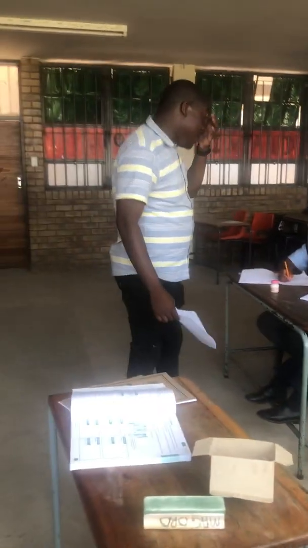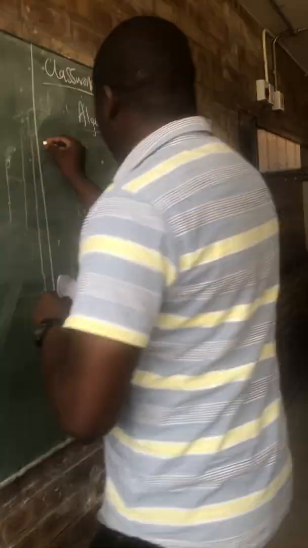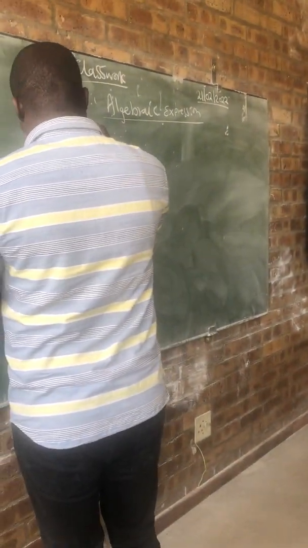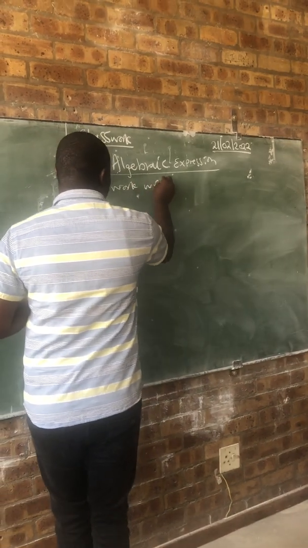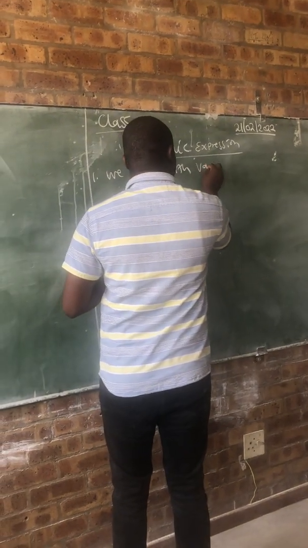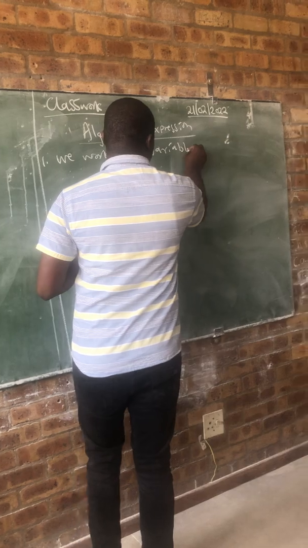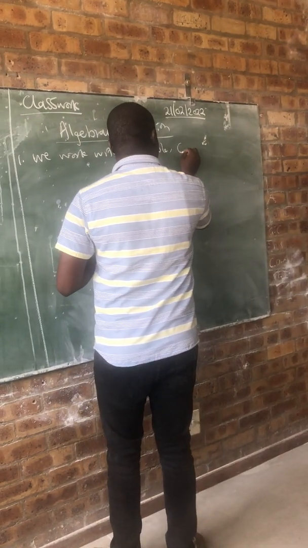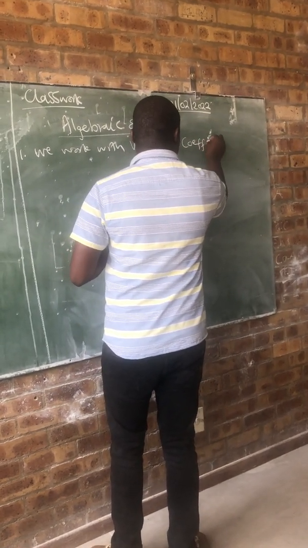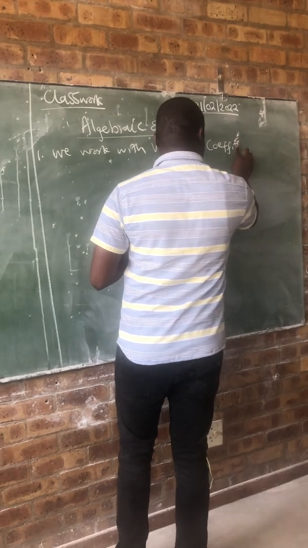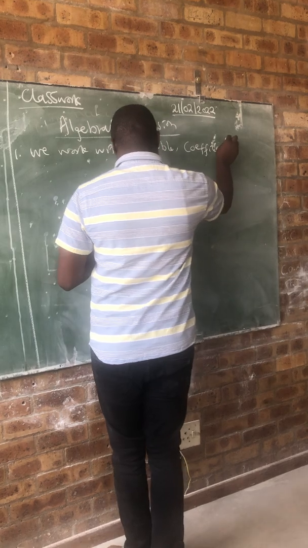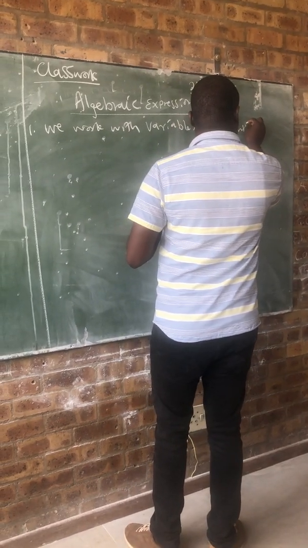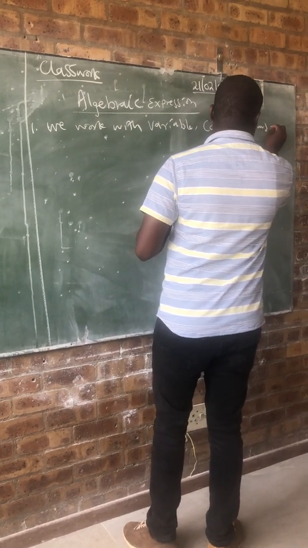So on the algebraic expression, we start by saying that number one, we work with variables, variable, coefficient, and constant.